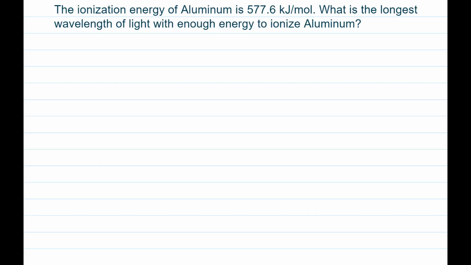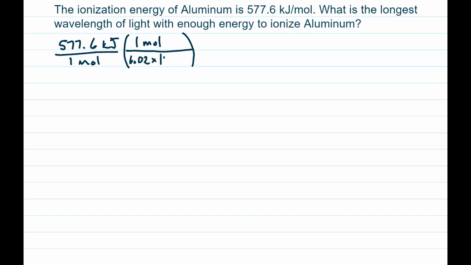So let's do a little unit math first. 577.6 kilojoules per 1 mole. Okay, well, I don't want to be talking about one entire mole. I just want to be talking about an atom, and I know that 1 mole is equal to 6.02 times 10 to the 23rd atoms.